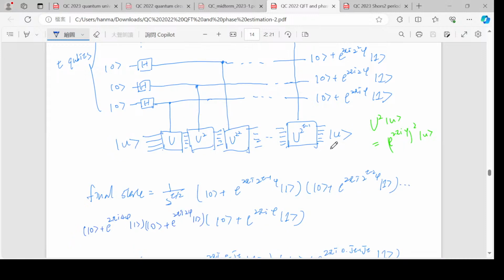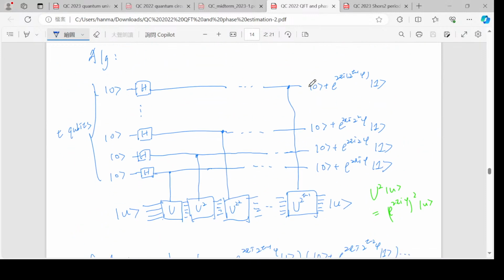And the algorithm uses phase kickback, so it looks like this. You start with t qubits that you use to record the t bits of precision of your phase estimation.